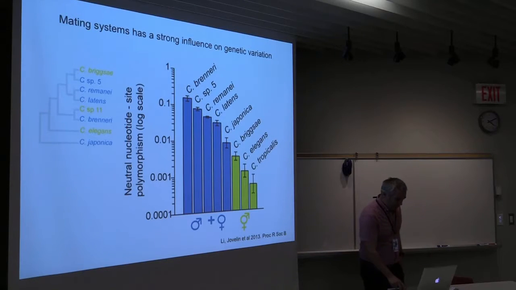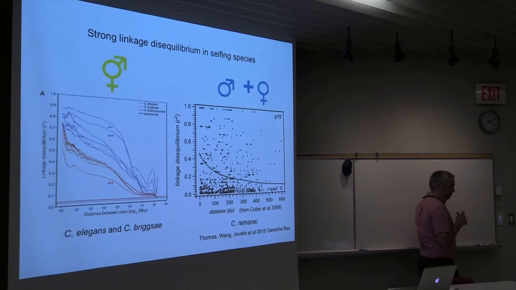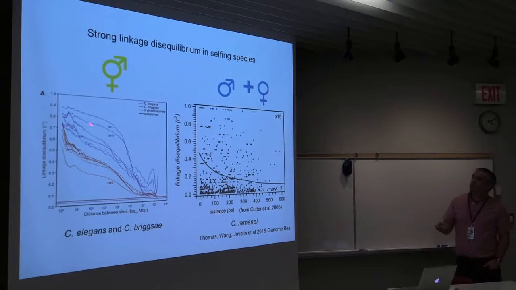So that lifestyle leaves a clear record in the genome. The first record we can see is a strong linkage disequilibrium in the selfing species. These graphs show linkage disequilibrium on the y-axis and the distance between sites on the x-axis.